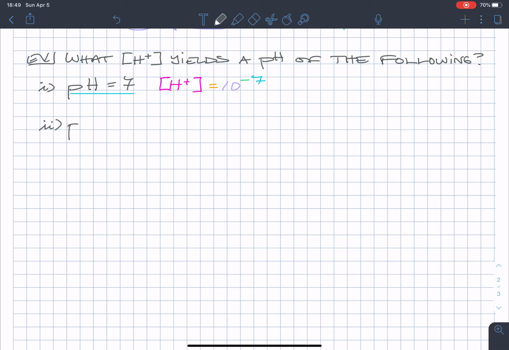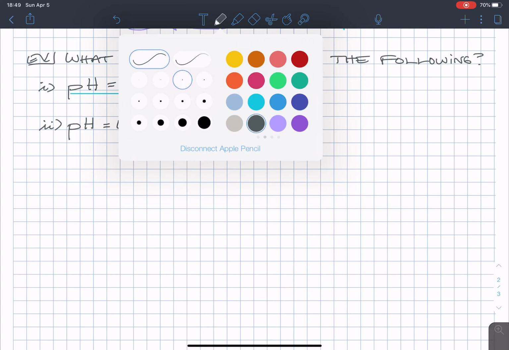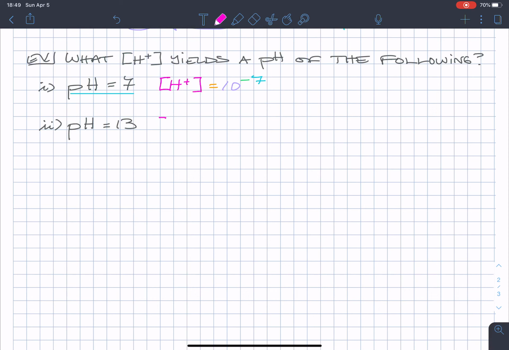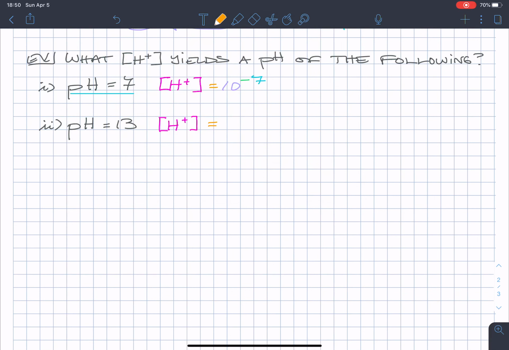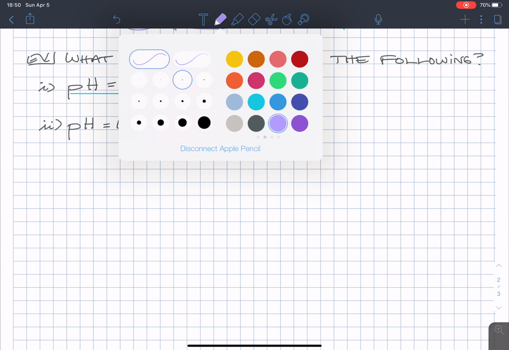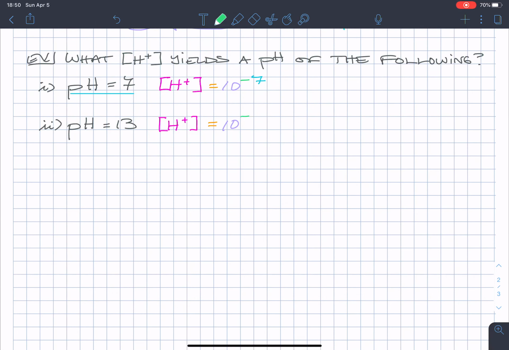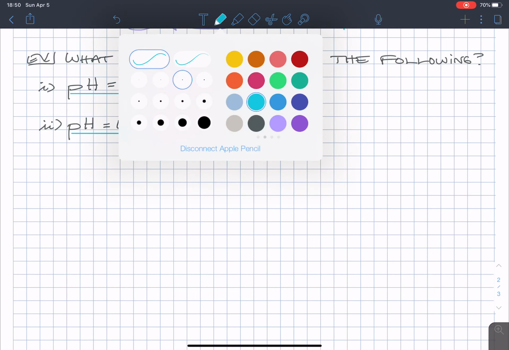So let's say now the pH is 13. So the hydrogen concentration is going to be 10 to the negative, and this would be 13, right? Because the pH is the exponent without the negative.